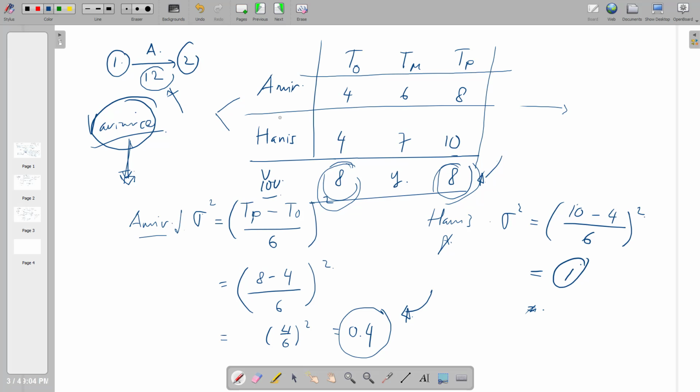If Amir said that the optimistic is 4 and the pessimistic 8, resulting in a variance of 0.4, and Hani said between 4 and 10, which value of time estimate will you take for putting the duration below the activity in the network?